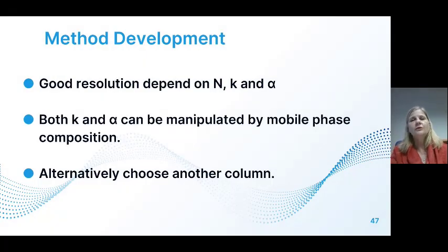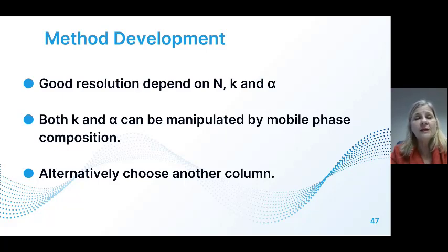So once again, we have to look at the conditions for good resolution. And once again, we're looking at the number of theoretical plates, the retention factor, and the selectivity factor. Now, the retention factor and the selectivity factor can be manipulated by mobile phase composition. So as soon as we've chosen a column, we can play around with the composition of the mobile phase to ensure that we have the best separation.